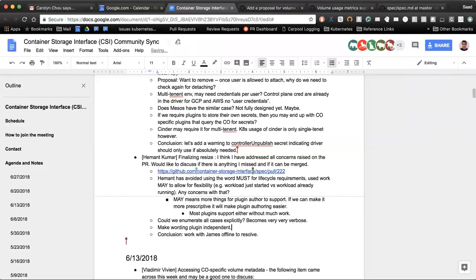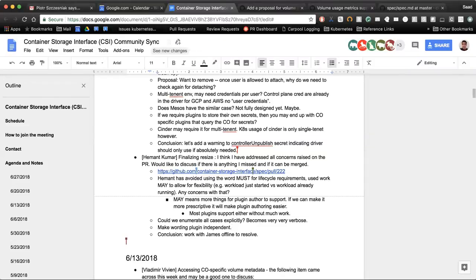It's not that we don't use the word "may" in the spec, by the way. There are some, like when something failed, the CO may call unpublish, etc. Ultimately, we can't get too principled about things and get so far into hypothetical, theoretical territory that it becomes impractical.